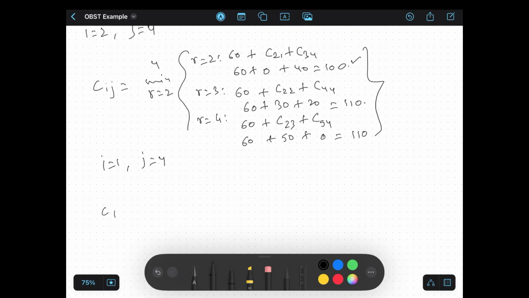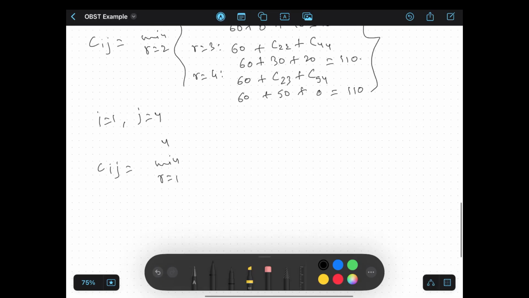So cost of i, j is the minimum over r equal to 1 to 4. r can be 1, r can be 2, r can be 3, r can be 4.